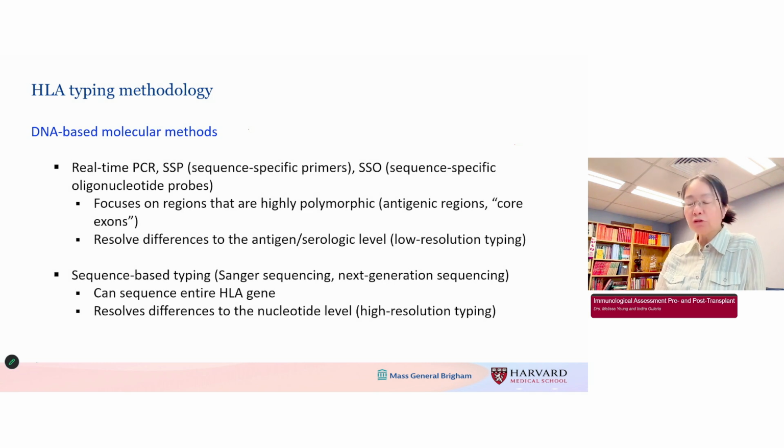But we don't necessarily do it for deceased donor typing, because most next-generation sequencing methodologies have a turnaround time of a few days, which is way too long for deceased donor allocation. So the majority of deceased donor typing is still being done by these intermediate resolution methodologies, although there are some new technologies coming up. If you're outside of the United States, then sometimes intermediate resolution typing is still relied upon because of cost.